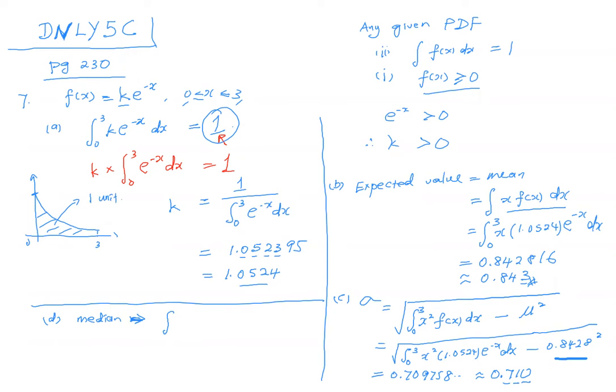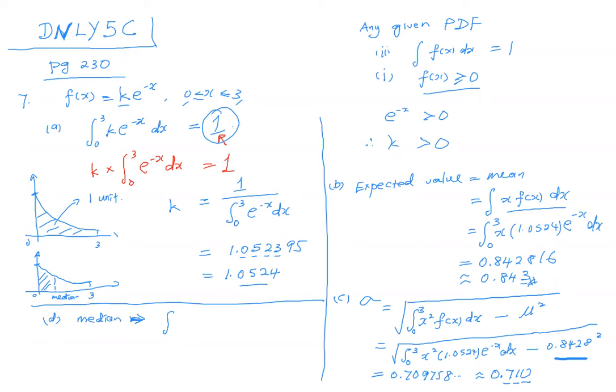So if I am talking about the median, you still don't get the point. I'm talking about the median. That means the area until the median. So it cannot be 3. It's something that you don't know.